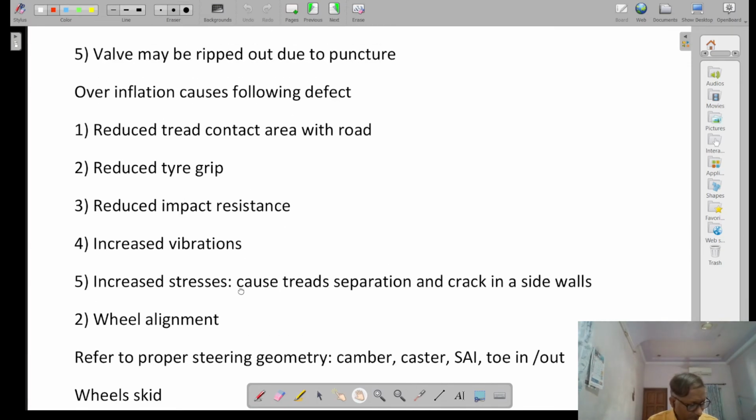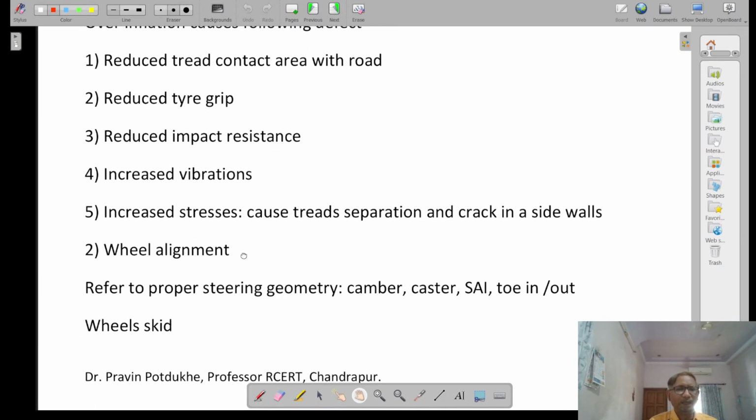When you are going for the tires, your wheels should be aligned properly. Your camber, caster, SAE, toe in and toe out should be properly matched with the specification given by the manufacturer.